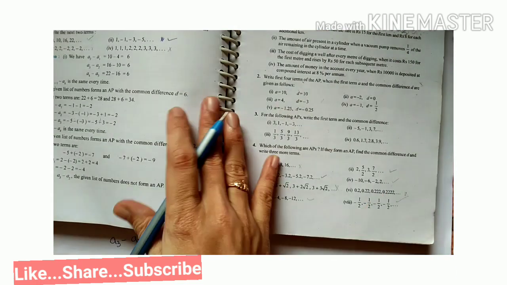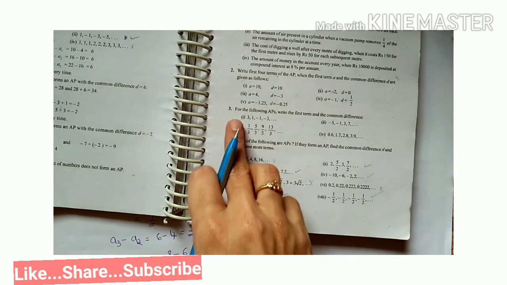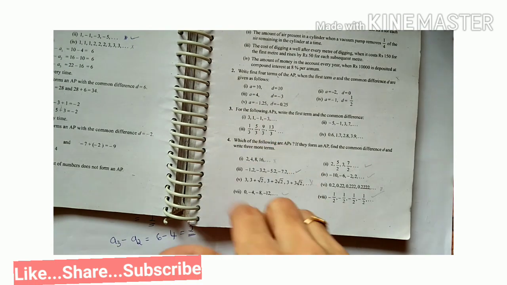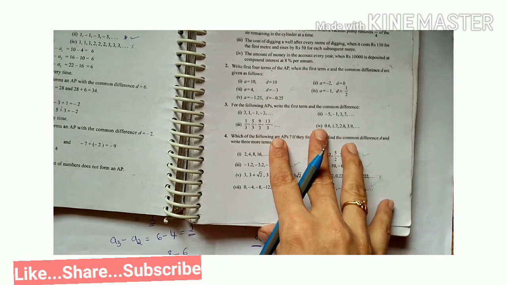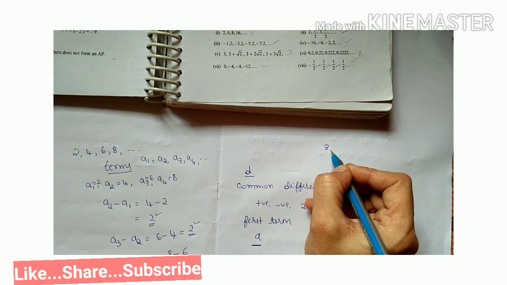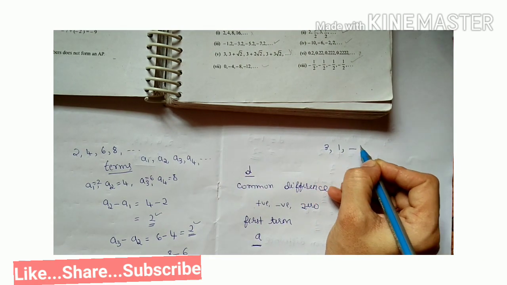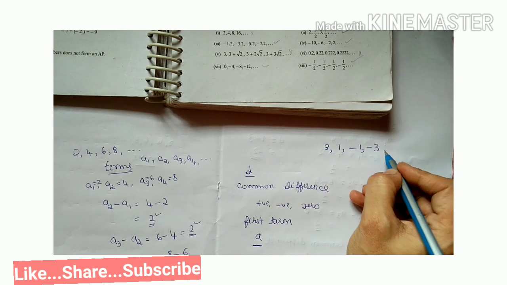Let us find first term and common difference. For the following APs, write the first term and common difference. First example, 3, 1, minus 1, minus 3.